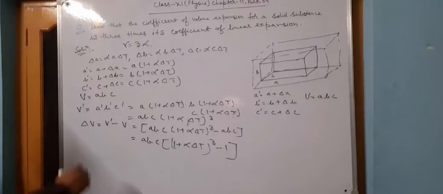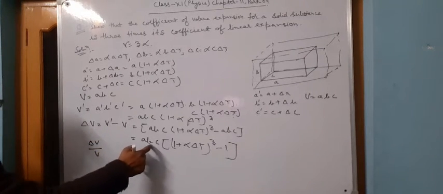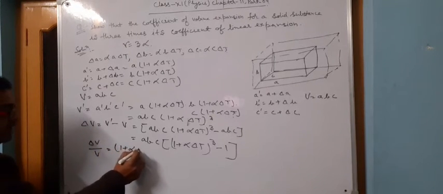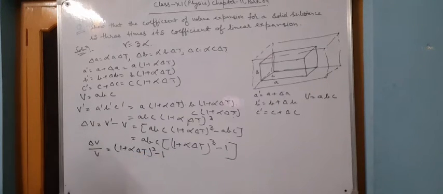Clear? And it can be written as delta V upon V, because ABC is equal to V, is 1 plus alpha delta T whole cube minus 1. Clear?